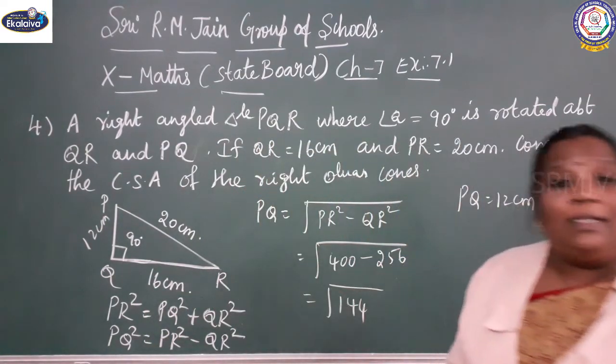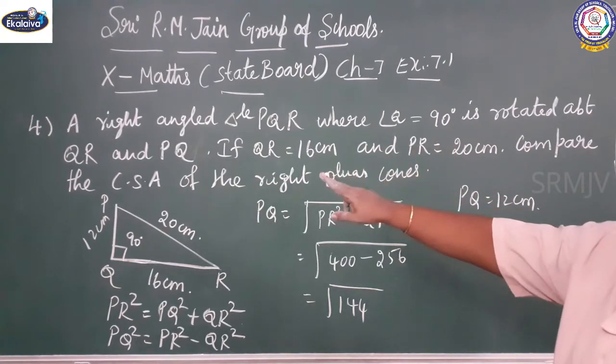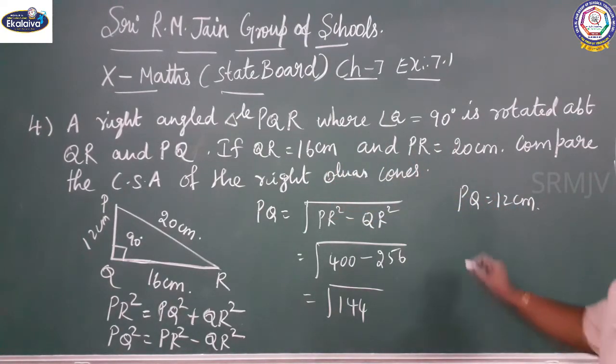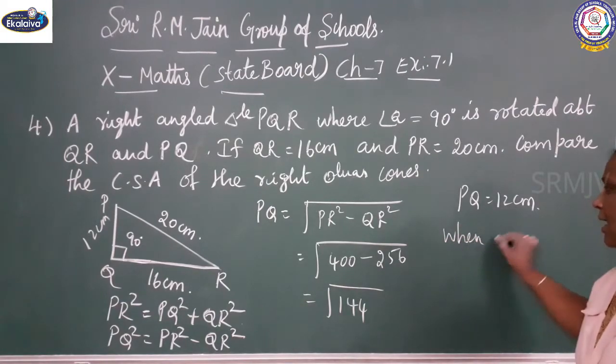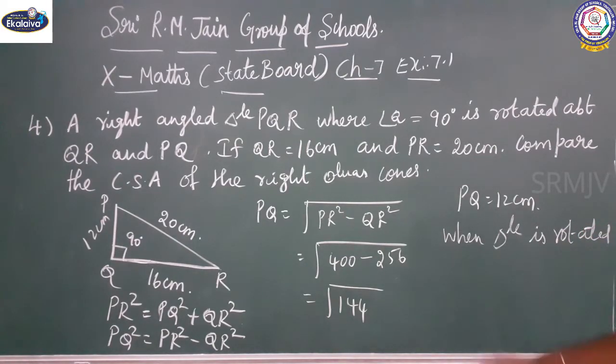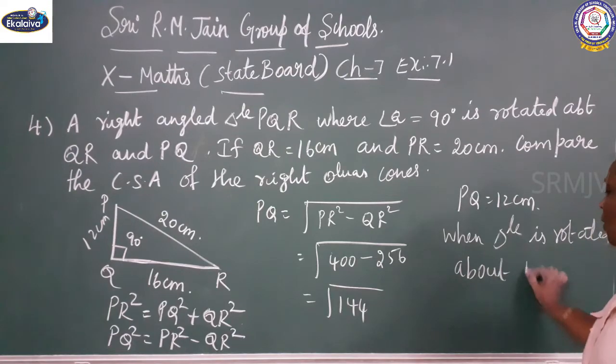When the triangle is rotated about QR and PQ, first I can take it as when the triangle is rotated about PQ.